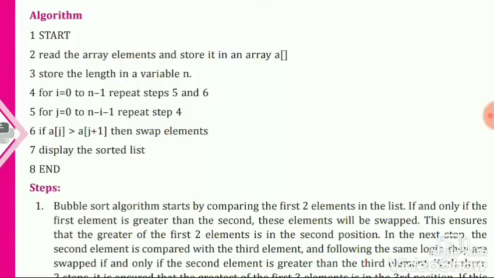There are two loops: the first loop for the pass and the second loop for the swapping. Then if the first index element is greater than the second index element, we swap both position values. Then we display the sorted list.